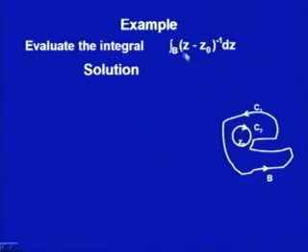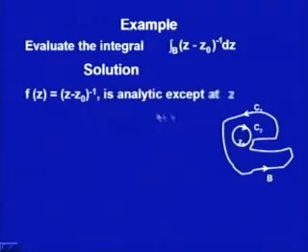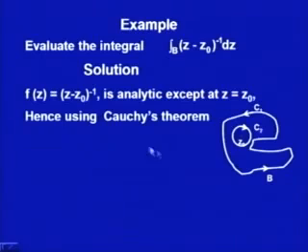Now you see, my function 1 upon z minus z0 would be not analytic only at the point z0. So along this circle around z0, the function is analytic except at z equal to z0. Now I would use this Cauchy theorem for the doubly connected domain. What I would get is that the integral along this whole boundary should be 0.